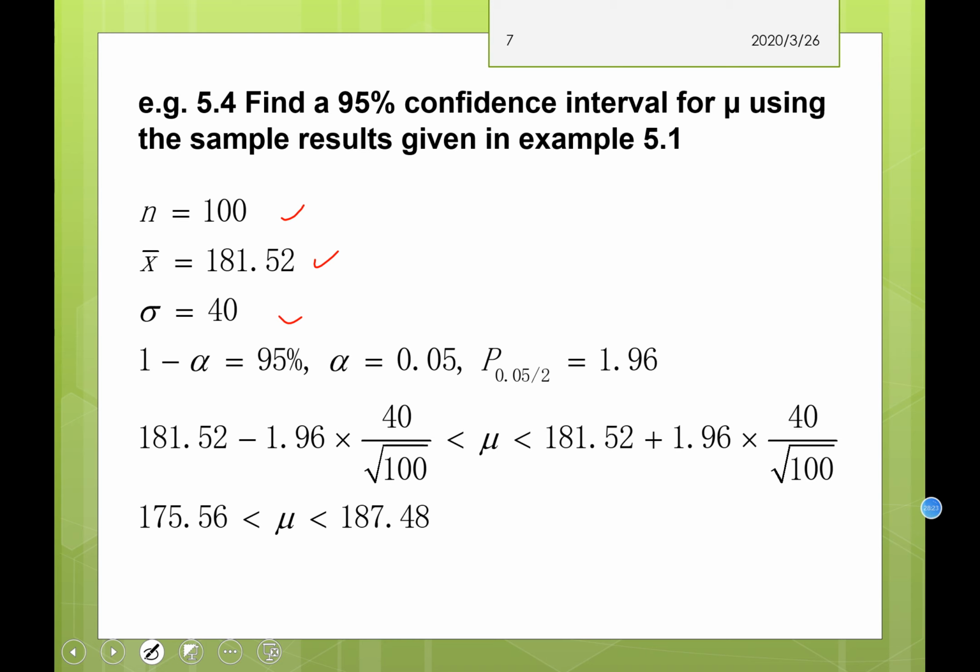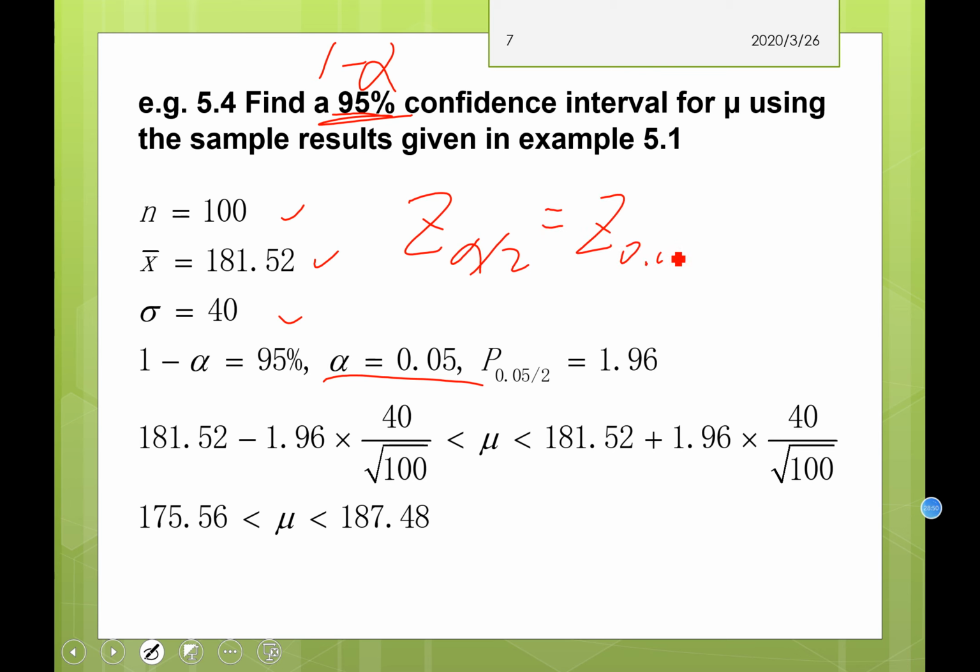And here, the question is about the 95% confidence interval. So this is the probability, and that is exactly equal to 1 minus alpha. So that means alpha equals 0.05. So we need to find out z half alpha.